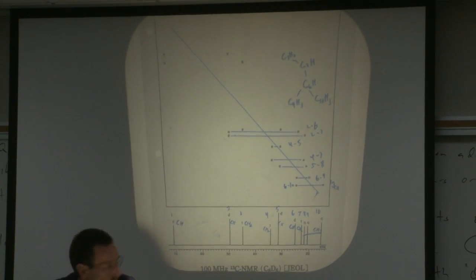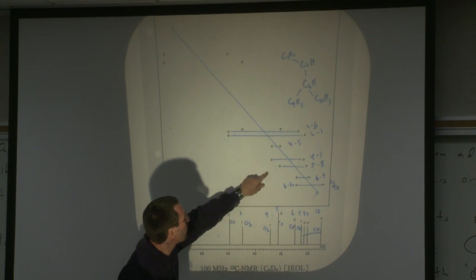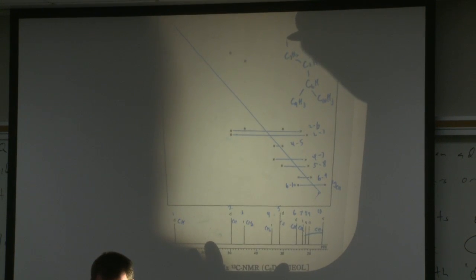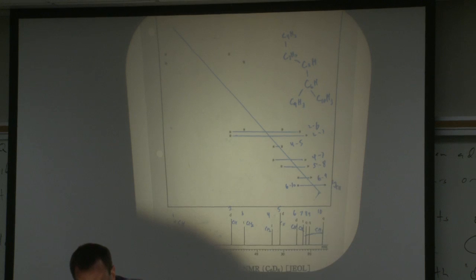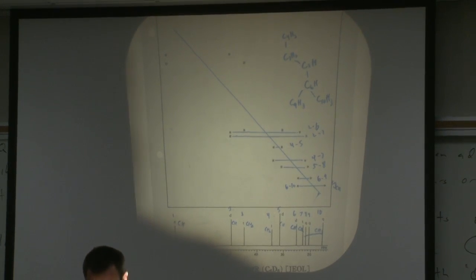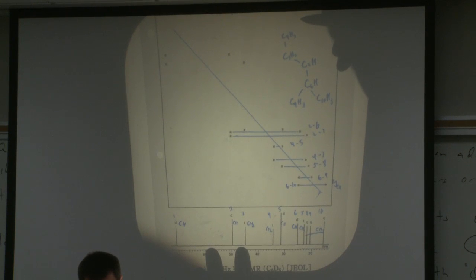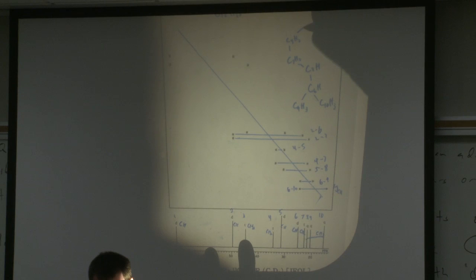And it looks like we have 4 to 7 over here, and 4 is another methylene, so C4H2. Okay, so I've used up the 2 to 7 and the 4 to 7. It looks like I have 4 to 5, and 5 is a methine, so C5H.